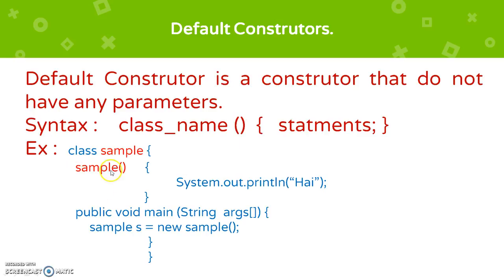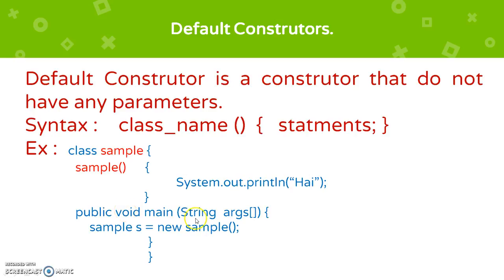So a small example is given below. A class sample is created and the same name sample is defined as a class name. If you can just check it out here, it's very clear that the sample is the name given to the constructor and it doesn't have any parameters, as I told you, just a starting and an ending brace. And then it has only one statement where I'm just trying to print a value called hi.